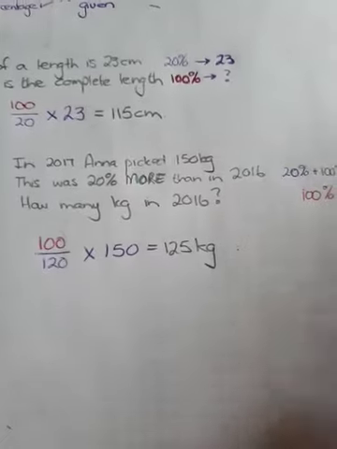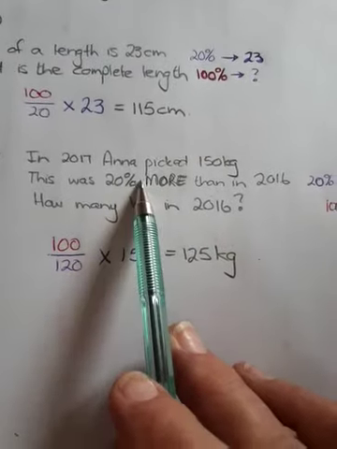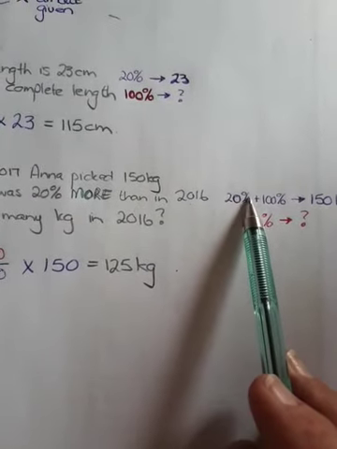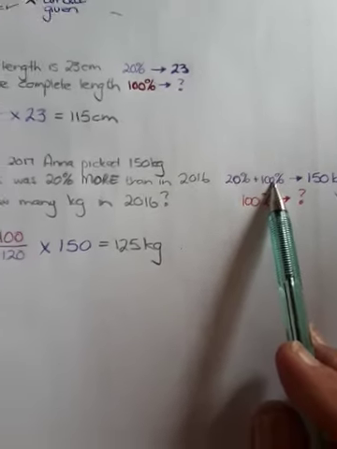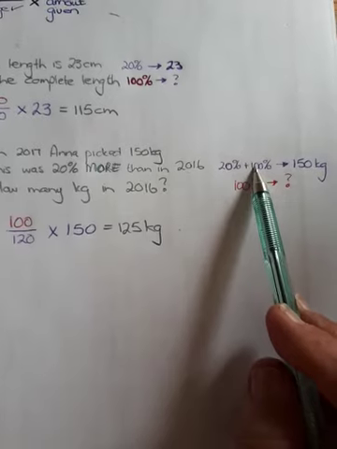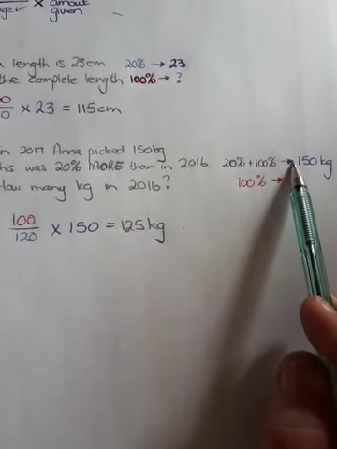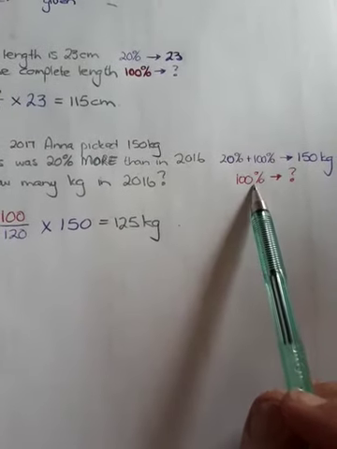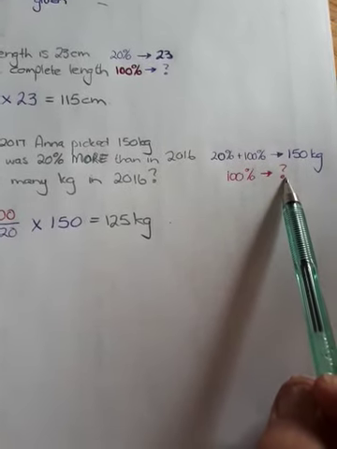So it is 20% more, which means it is the 20% plus the 100% which represents the 150 kilogram. And what is always asked is the 100%, how many kilogram.